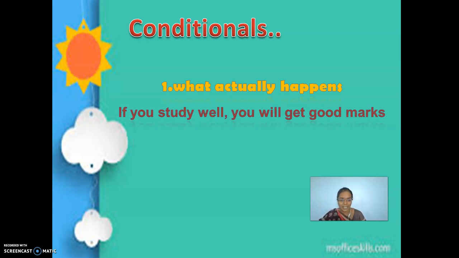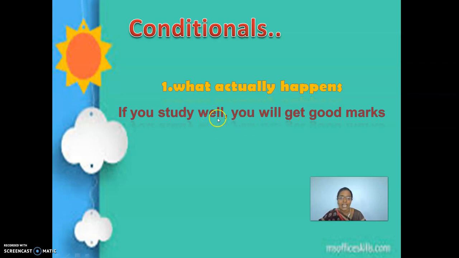If you study well, you will get good marks. Come on, take down the sentence. This will actually happen, no? And it is given here. The first half of the sentence is given in present tense and the other half of the sentence is given in future tense.